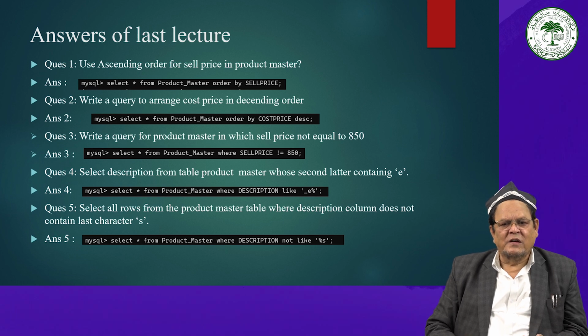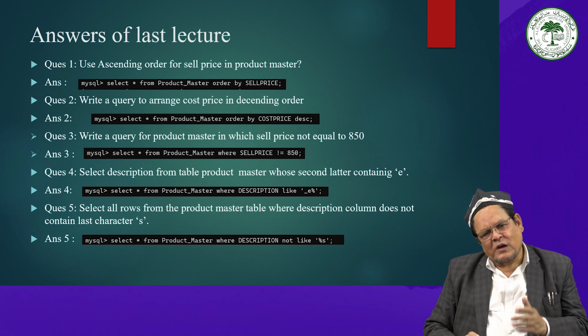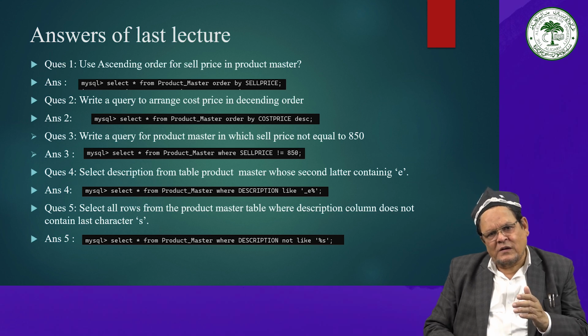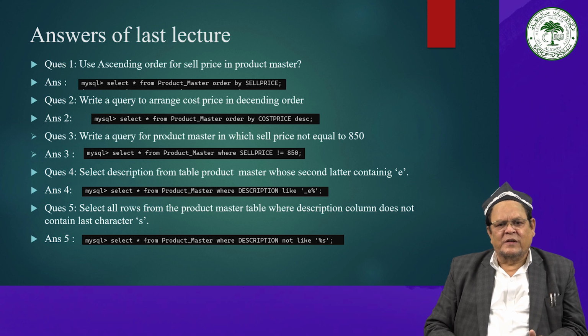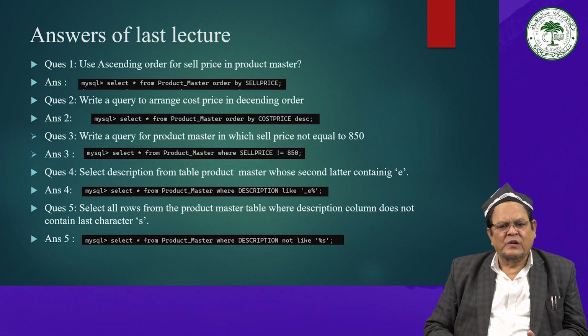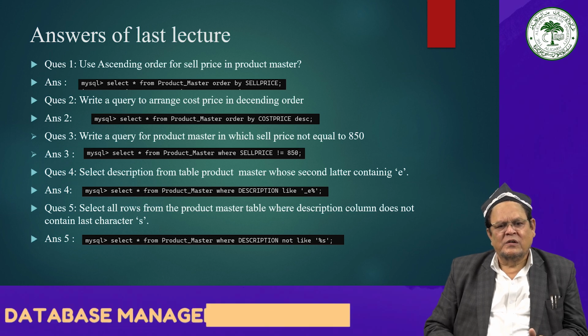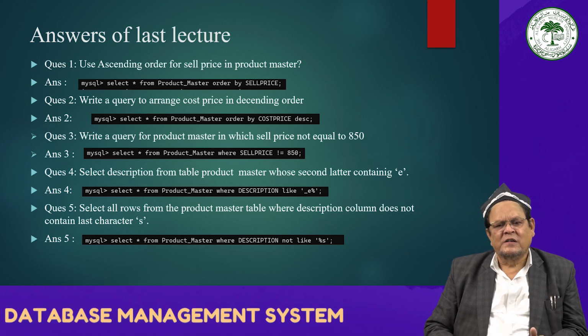If you do not write it, it will arrange in ascending order by default, A to Z. Descending means it will arrange in Z to A. You can see the cost price in descending order.